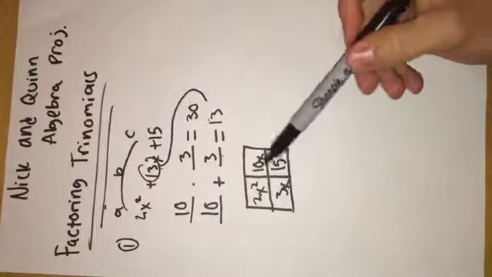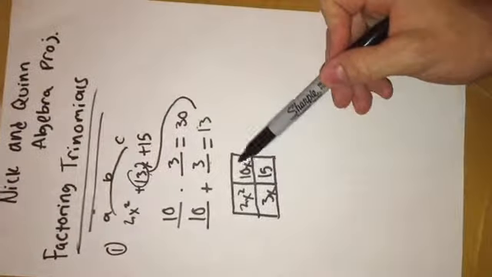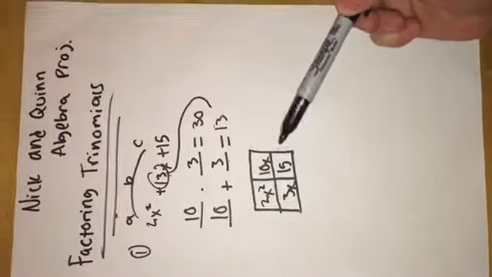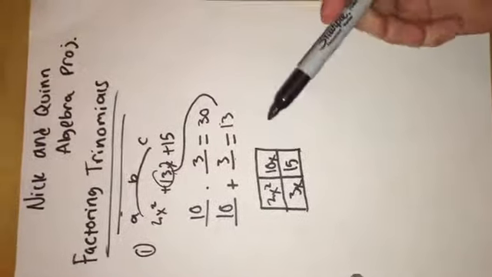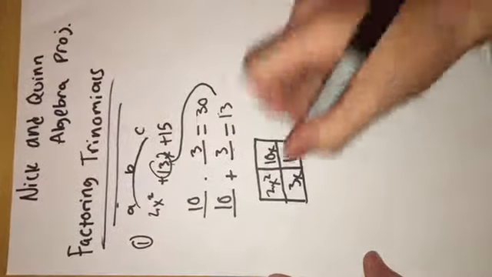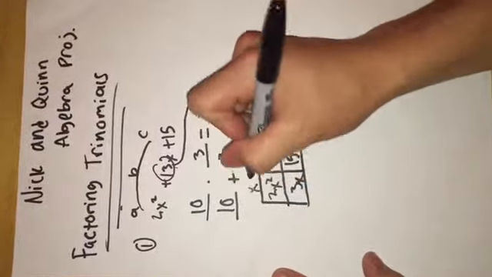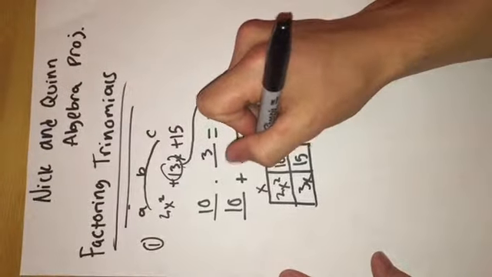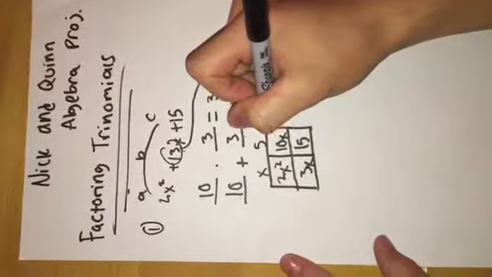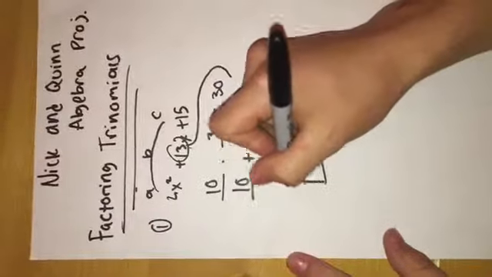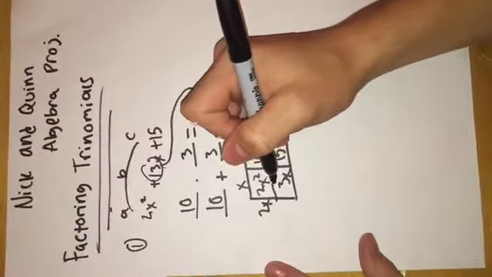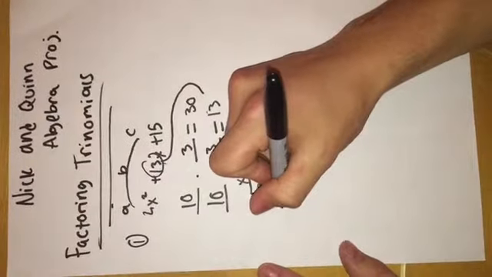So you can see here's your factors, and then you got your a and your c. So now from here you just find what they have in common, which would be x and 5 and 2x and a 3.